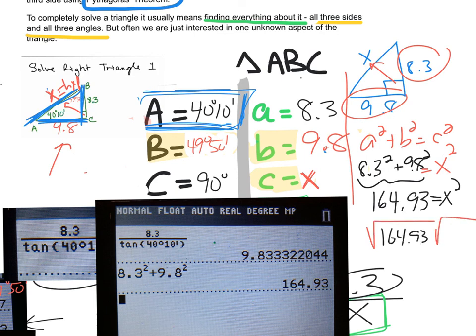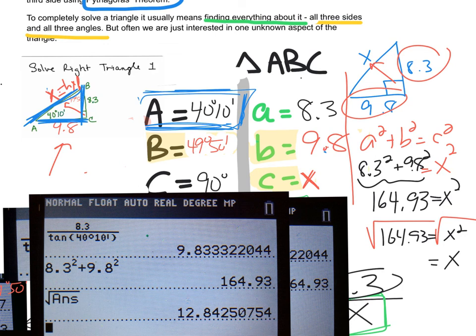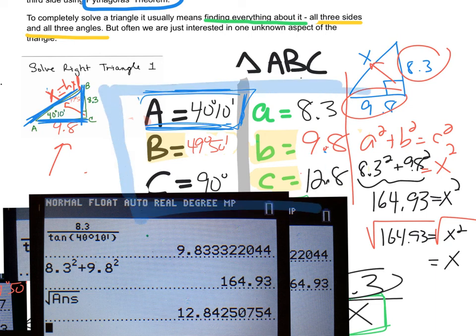So on my calculator, I'm going to just take the square root of that previous answer. And it looks like that last side turns out to be 12.8. So now we're done. We solved the triangle. We know what all three sides and all three angles are equal to. And here I will circle up my final answers.